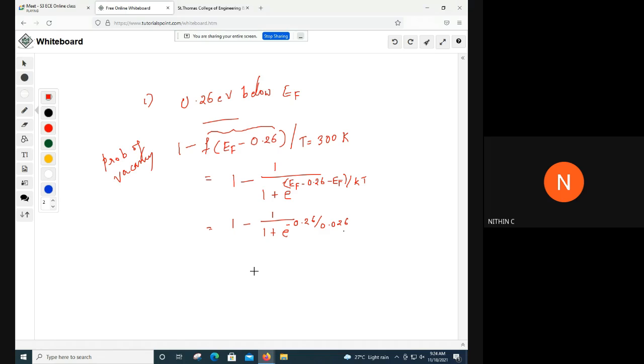Okay, those who have done this, you can do the next part at 600 Kelvin, so that that question will be completed. At 600 Kelvin also you can find that: 1 minus f of EF minus 0.26 at T equal to 600 Kelvin. You can complete that also.